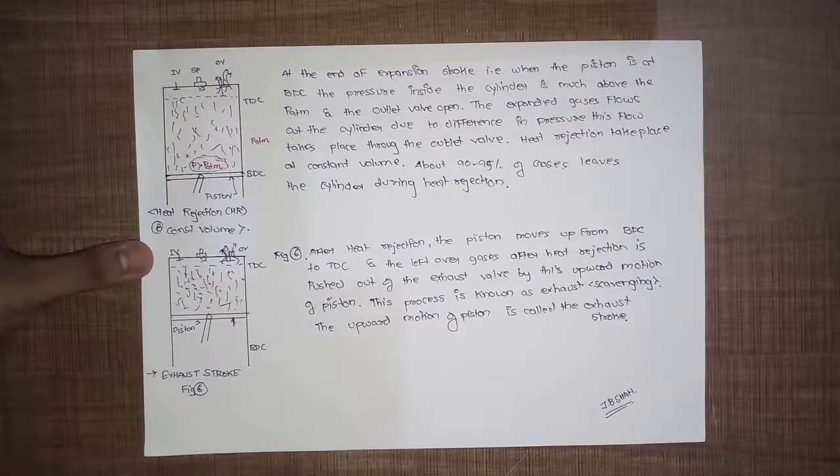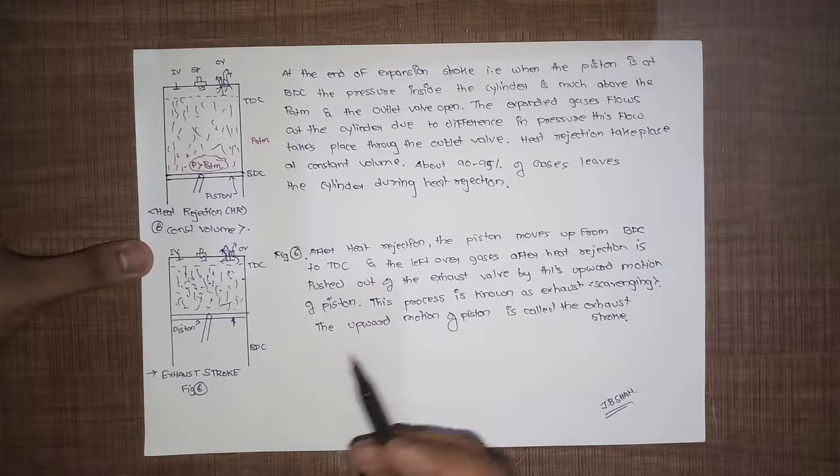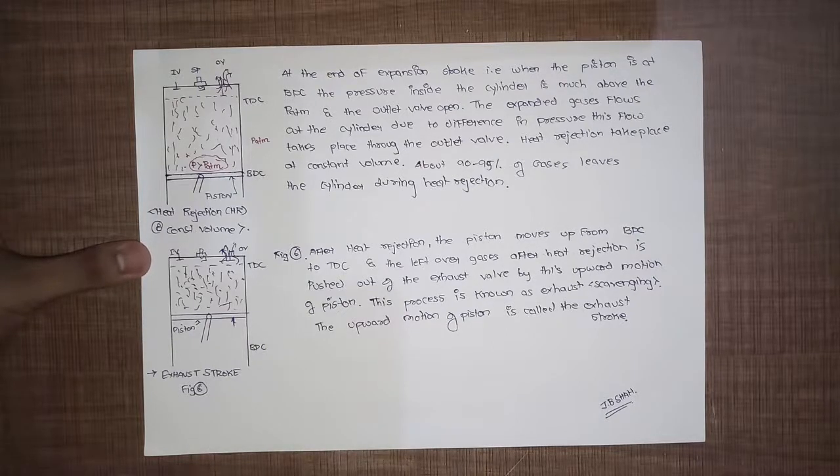Because of that, the outlet valve opens. So the hot, high pressure gases, due to this pressure difference, leave the cylinder, and heat rejection takes place. About 90 to 95% of the gases leave the engine cylinder during heat rejection.